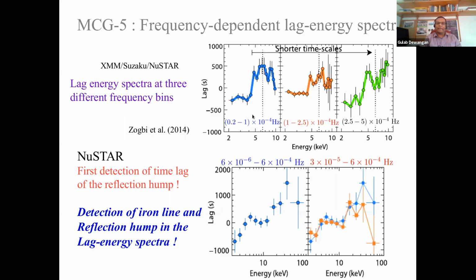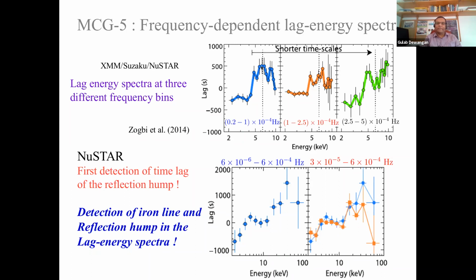Now these are the lag spectrum as a function of energy. If you look at this curve here, this tells us the lag of the 2 keV photons relative to the entire band. So this is a negative lag. That means the soft X-ray photons at 2 keV are actually leading here. While if you look at here, this is a positive lag.